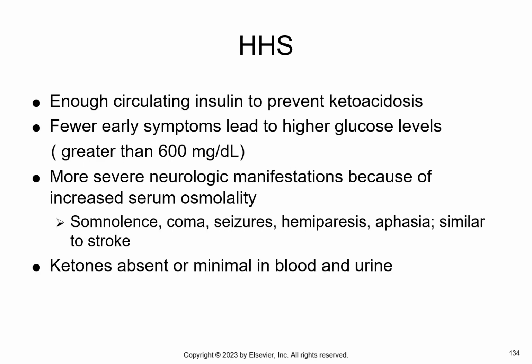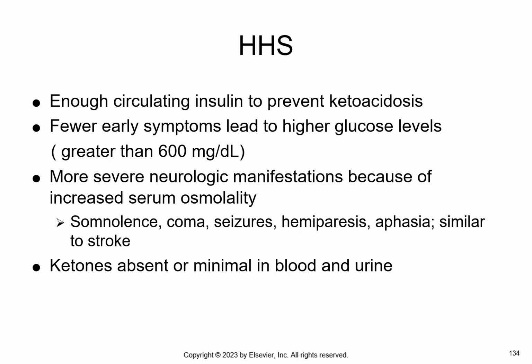The main difference between HHS and DKA is that patients with HHS usually have enough circulating insulin so that ketoacidosis does not occur. Because HHS has fewer symptoms in the earlier stages, glucose levels can climb quite high before the problem is recognized. The higher glucose levels increase serum osmolality and cause more severe neurological manifestations like somnolence, coma, seizures, hemiparesis, and aphasia.